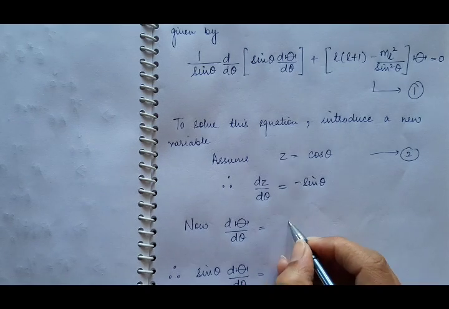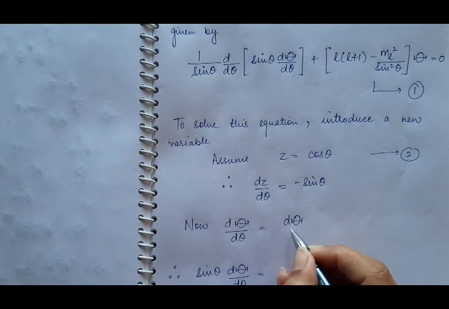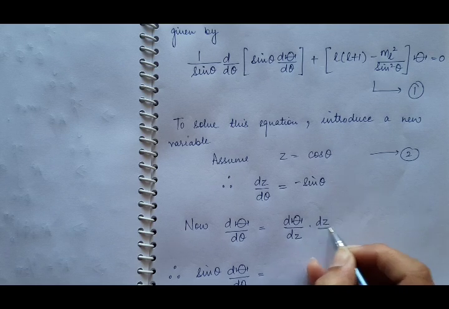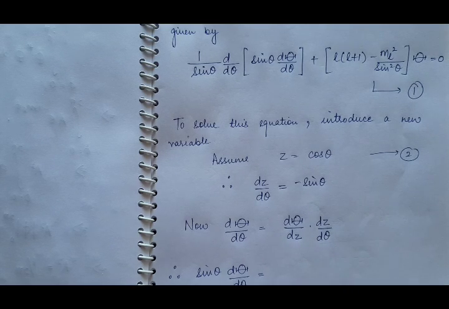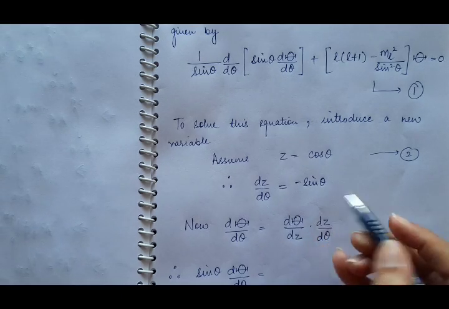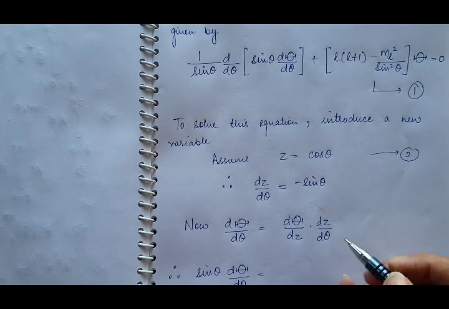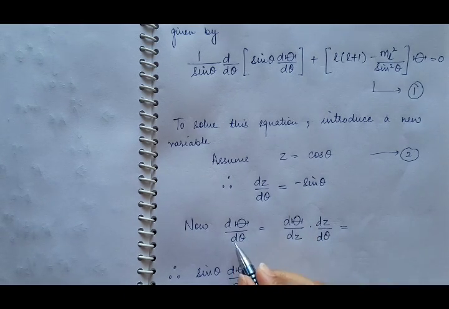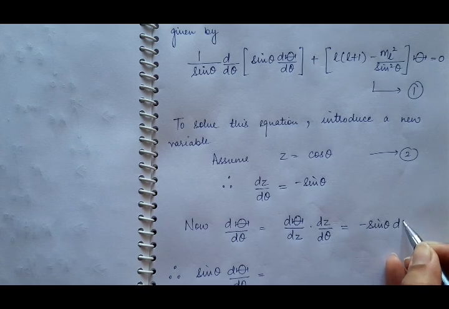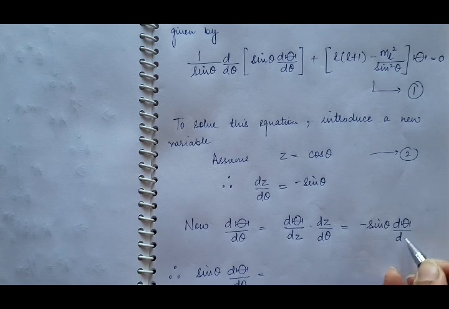It will be multiplied and divided by dz, so it will be d theta by dz into dz by d theta. What is dz by d theta? It is minus sin theta. So put that value here and you will get d theta by d theta equal to minus sin theta into d theta by dz.